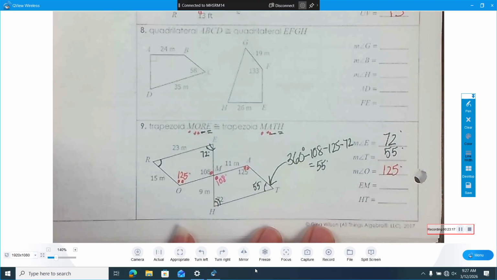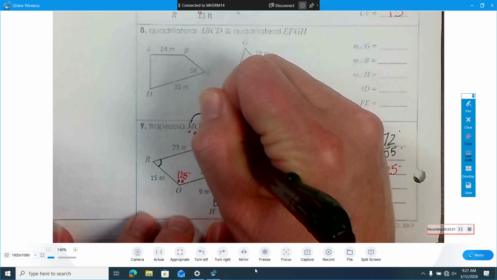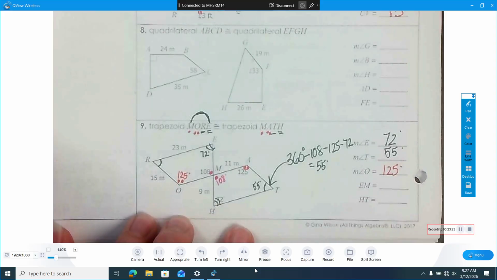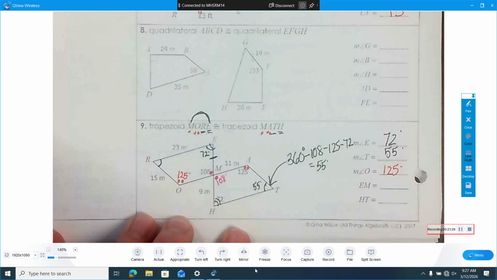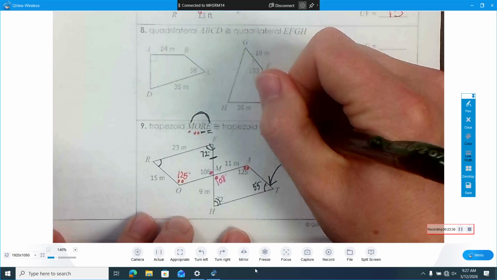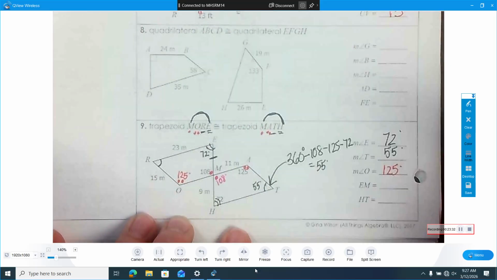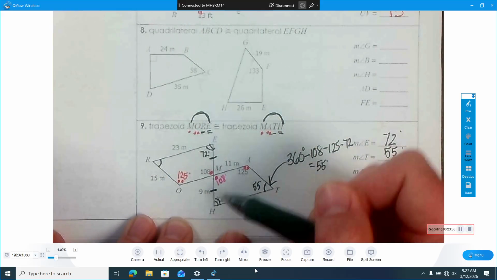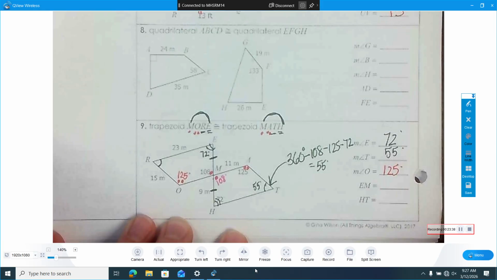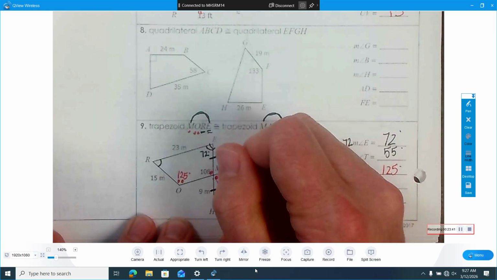Okay. Let's see. We want EM. EM is right here. It's the first and last. What does EM correspond to? MH. Very good. The first and last. MH is right here. If MH is 9, what's ME? Also 9.